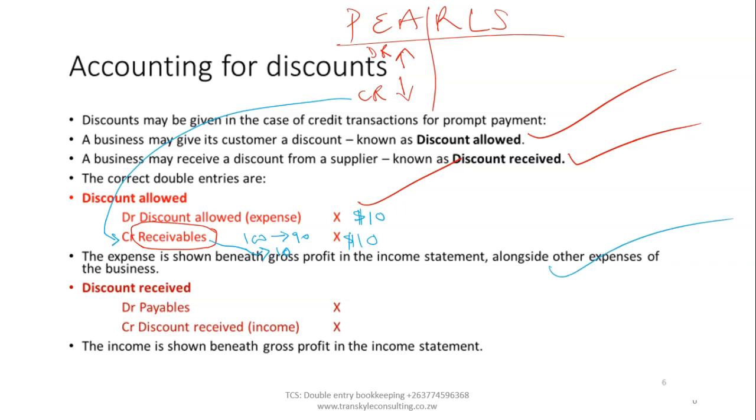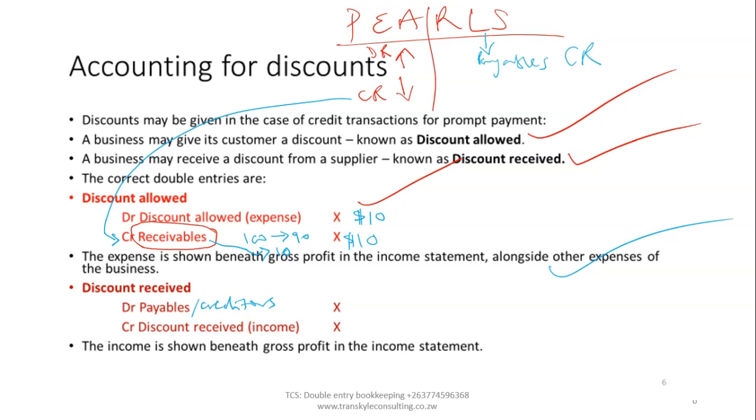What about when we receive a discount from our creditors, or payables? We say that one is called discount received. So what happens is we are going to debit payables. The payables, these are liabilities. Liabilities are payables, and we say that these are by nature credits.